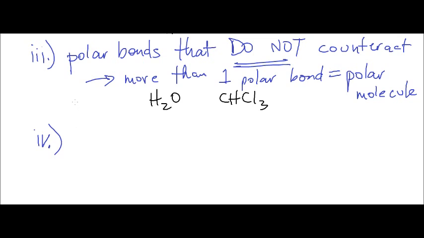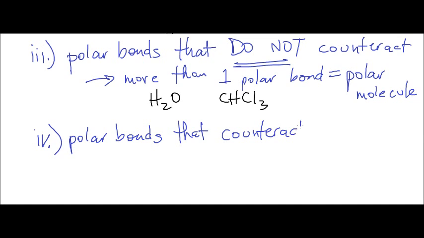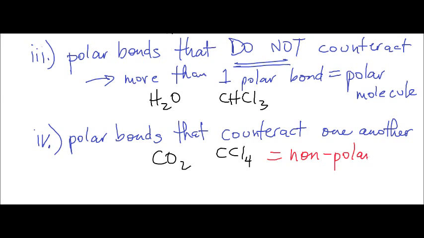Even if we have more than one polar bond that go in opposite directions and counteract one another, like the example I showed you earlier with carbon dioxide, and the other one, carbon tetrachloride, these molecules, even though they have polar bonds, are really considered non-polar molecules.